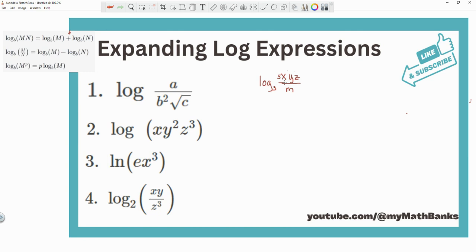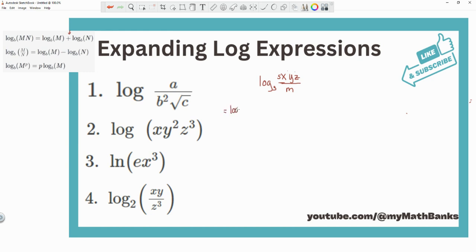So log 3 of 5xyz all over m. As you can see, in your numerator you have four factors there. So each one of those gets a log 3, and then they get separated by a plus sign. The m though is in the denominator, so it also gets separated, but in front of it will be a minus sign. So let's try that.